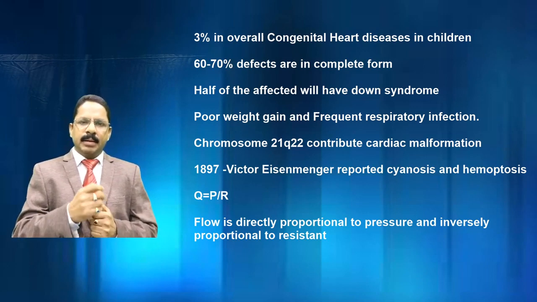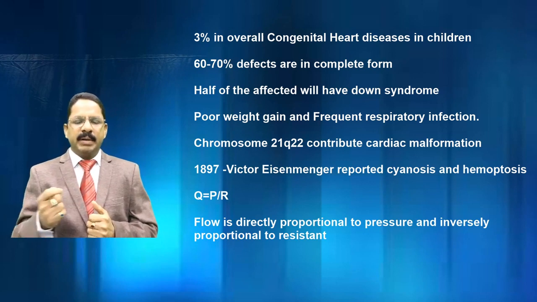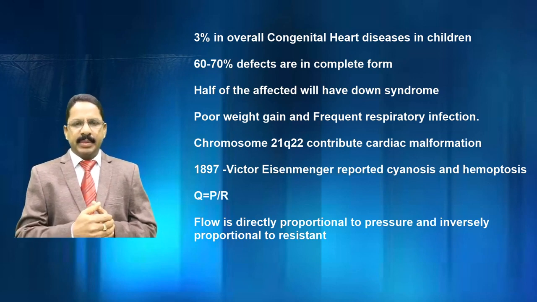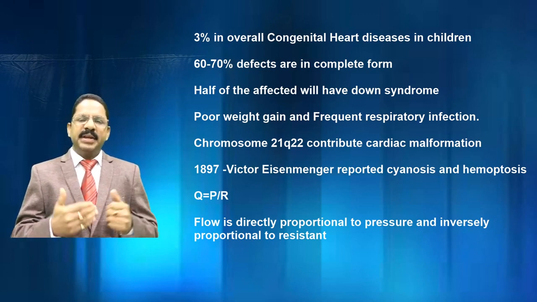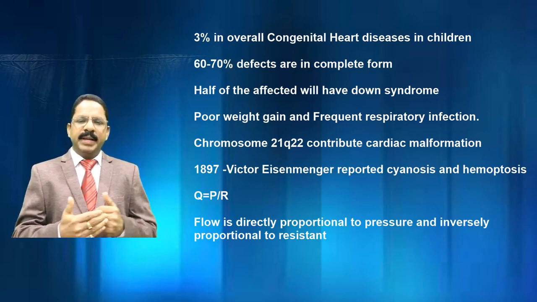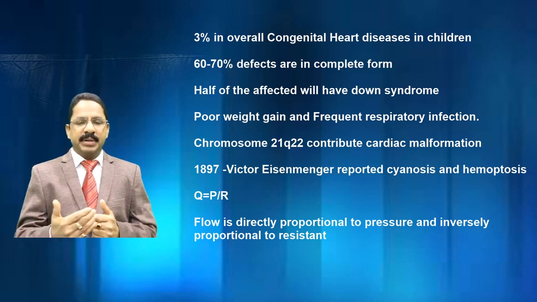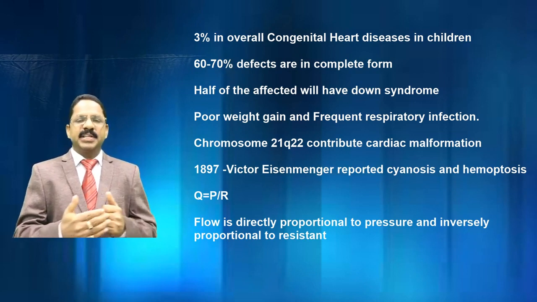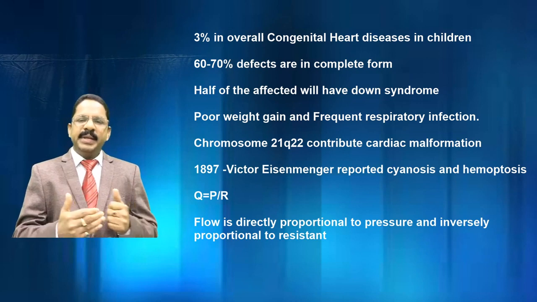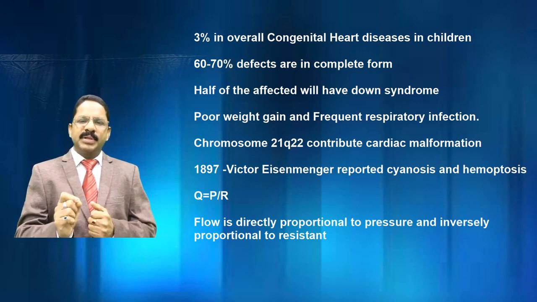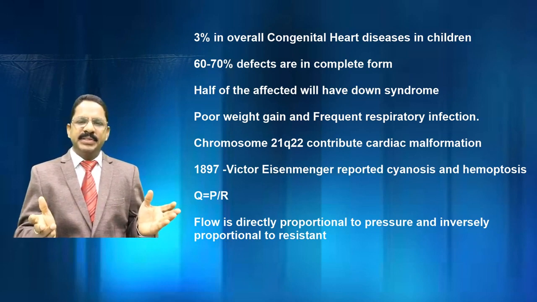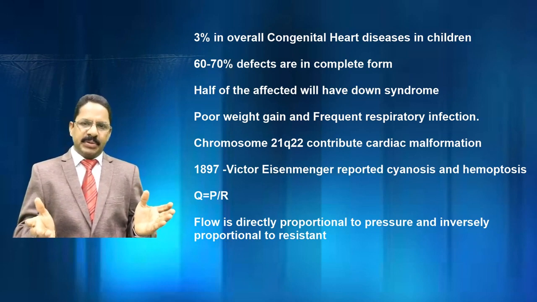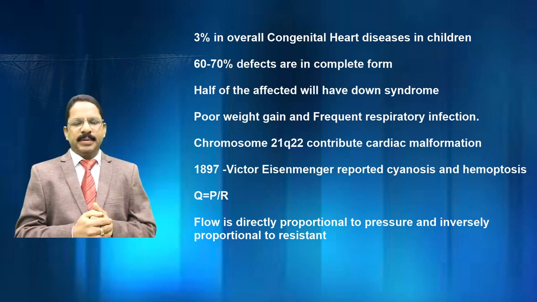That means bad blood mingles directly into good blood. That's how the patient becomes cyanotic. The cyanotic spell will be occasional, intermittent and periodical. So timely intervention is the only option for this type of patient; surgery is the best option. There is no medical management, no medicine to treat this disease.